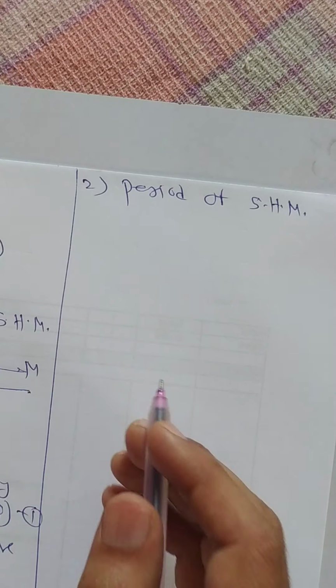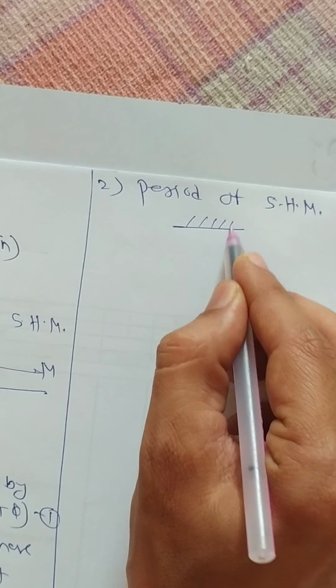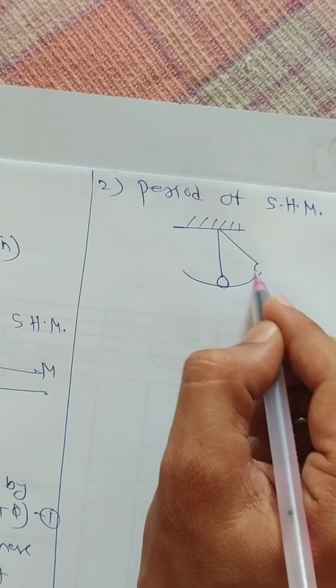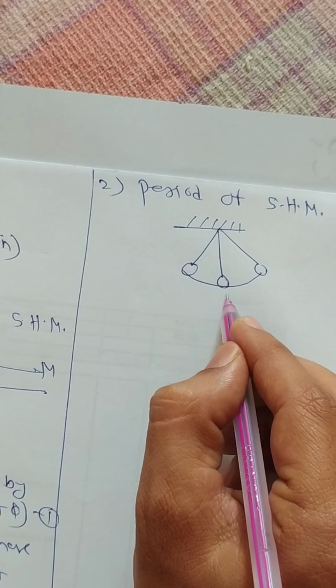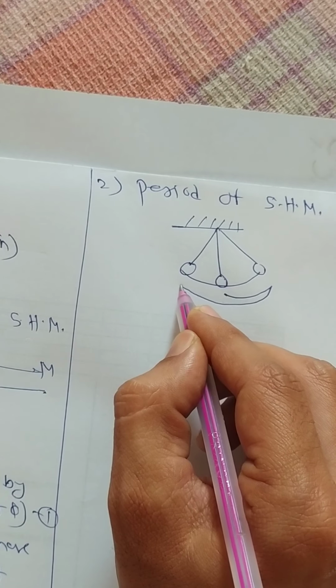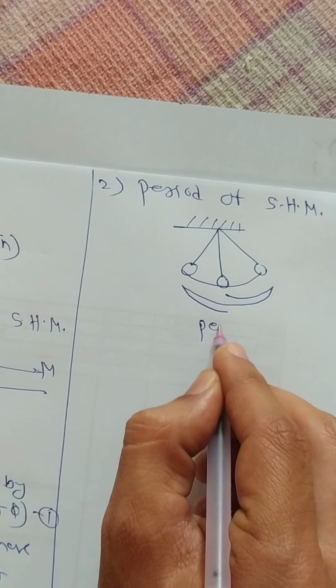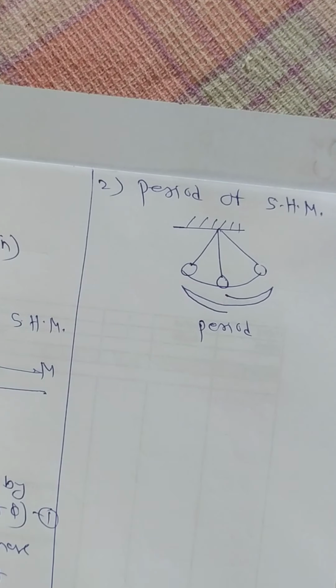If you consider a pendulum, it will oscillate like this. When the pendulum goes from mean to extreme, extreme to mean, again extreme, again mean, this will be one complete period. Maybe it will take 6 seconds, 5 seconds.